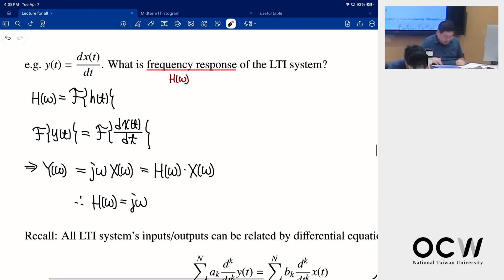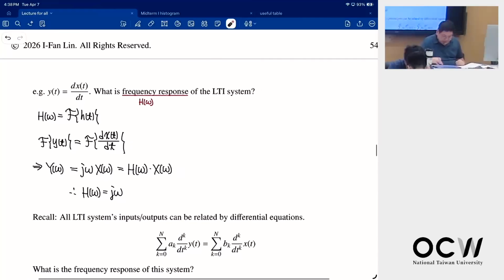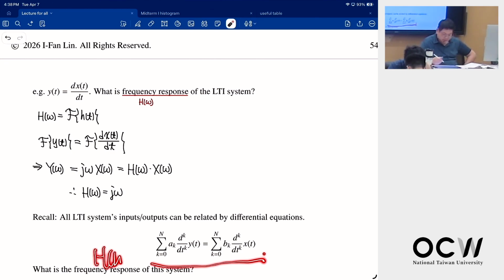And for the LTI system, we have the relationship between the inputs and outputs by the differential equations here. Then what is the frequency response? Again, what is H of omega? This is our differential equation. Then we need to take the Fourier transform.